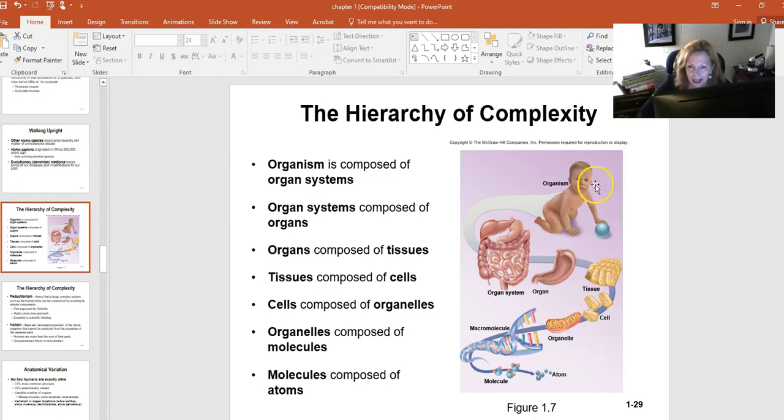So as I said, an entire organism, an individual, will be coming to you as health professionals with their signs and symptoms of disease. Hopefully they'll be coming to you before then.